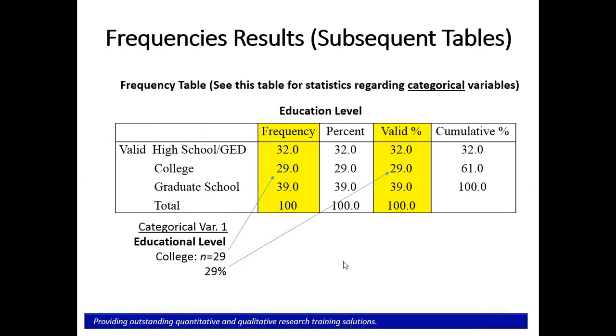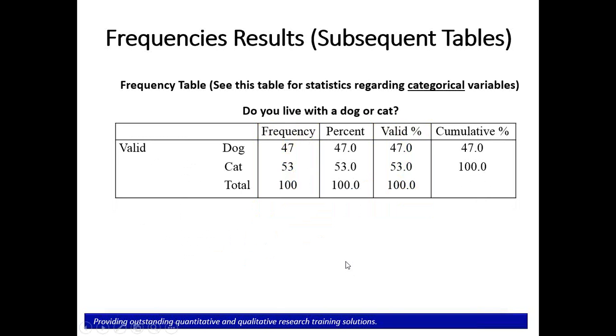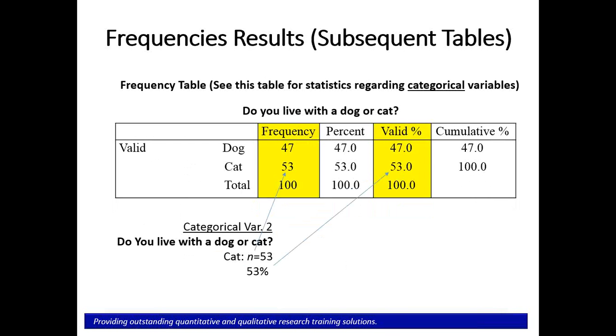Next, we again look at, do you live with a dog or a cat? Again, we look at the frequency and valid percent. So for example, cat, there's 53 study participants who live with a cat under frequency, and under valid percent, that's 53% of the sample.